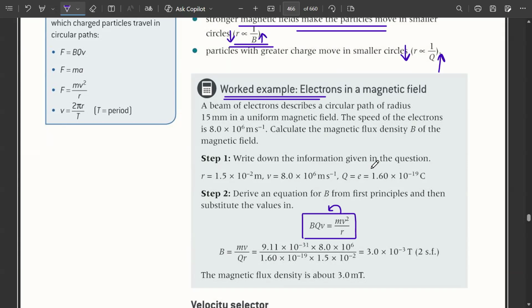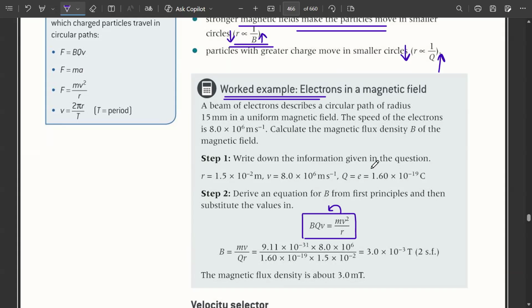Yes, can you explain to me? They use the formula BQV, which equals mv squared over r, and that's because of F equals ma.